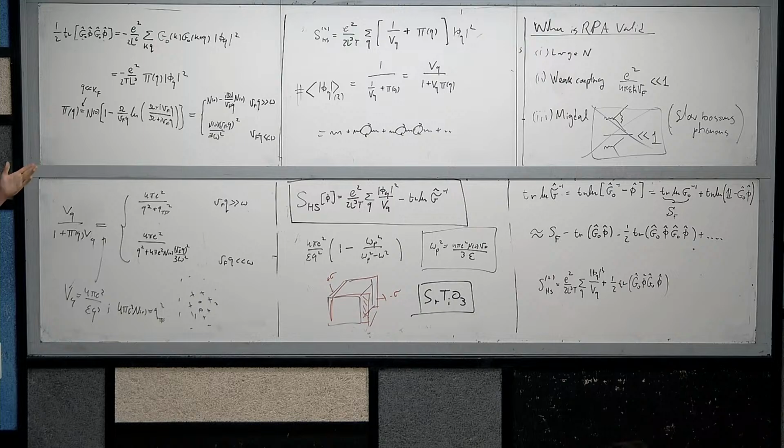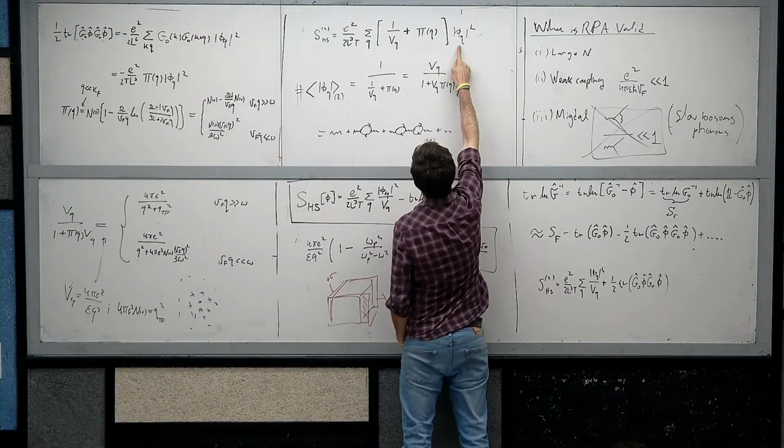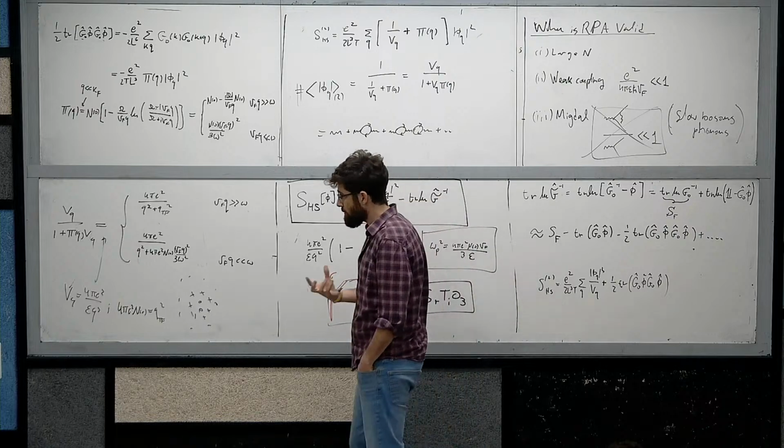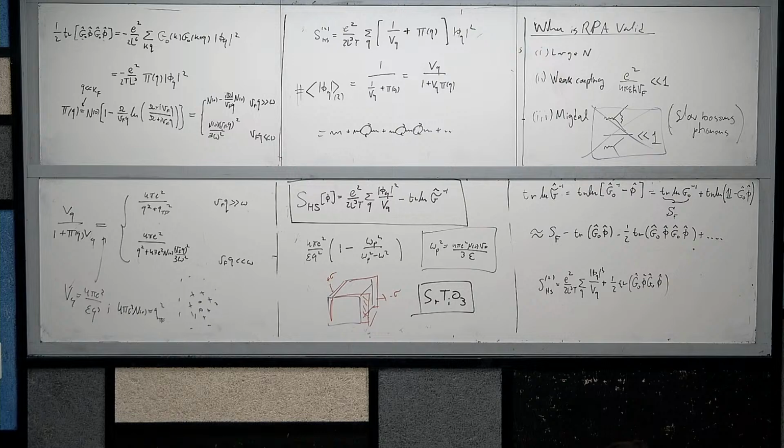But I'm showing you that this gives the same result, and it tells you something quite generic, that this correlator is at least consistent with everything we understand. It gives you the RPA interaction self-consistently, and it's much easier to compute than, well, it's not much easier. I don't know how much easier, but sometimes it's easy.